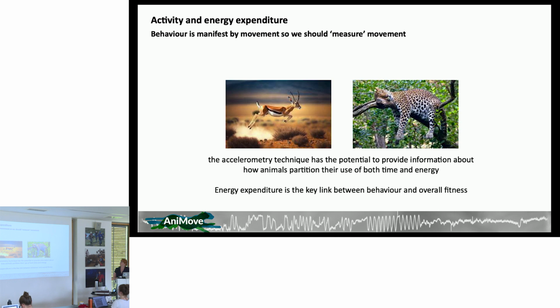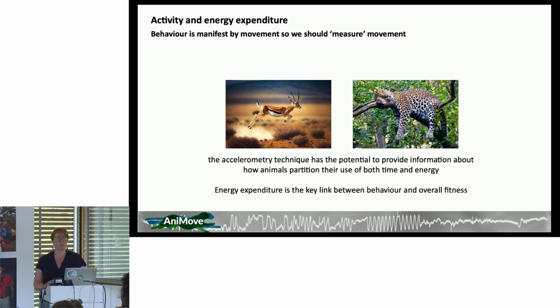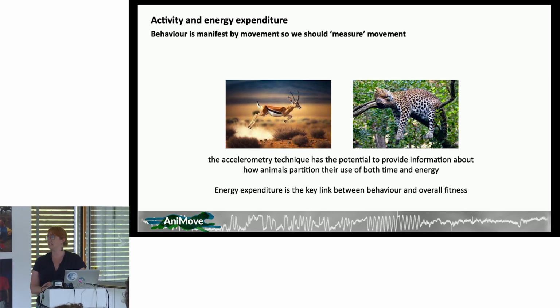And I've kind of alluded to it already, but the accelerometer is mostly used for energy expenditure, and it's because it's a proxy for oxygen consumption. So most people will use VeDBA. You've probably heard of DBA already.